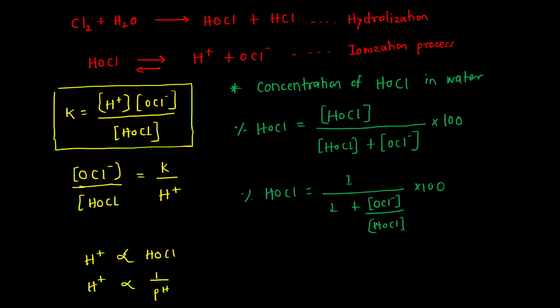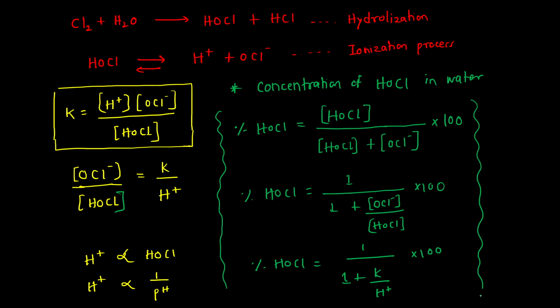Again, you can replace OCl minus divided by HOCl by K divided by H plus. So percentage HOCl is equal to 1 divided by 1 plus K by H plus, into 100. These are the various formulas that can be used for calculating the percentage of HOCl.